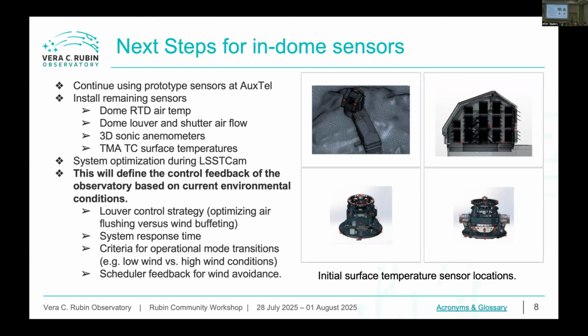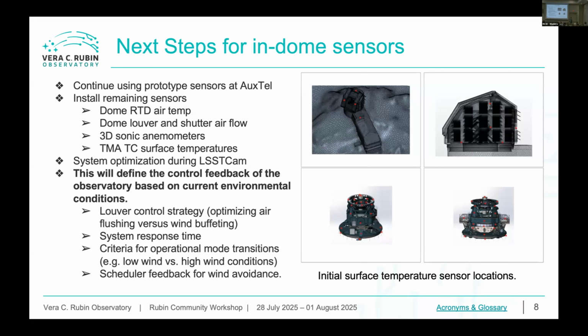We also want to install the triaxial sonic anemometers to get maybe not a calibrated external measurement of the dome seeing or turbulence within the dome air volume, as well as getting more air temperatures so we can gauge gradients within the dome air volume.